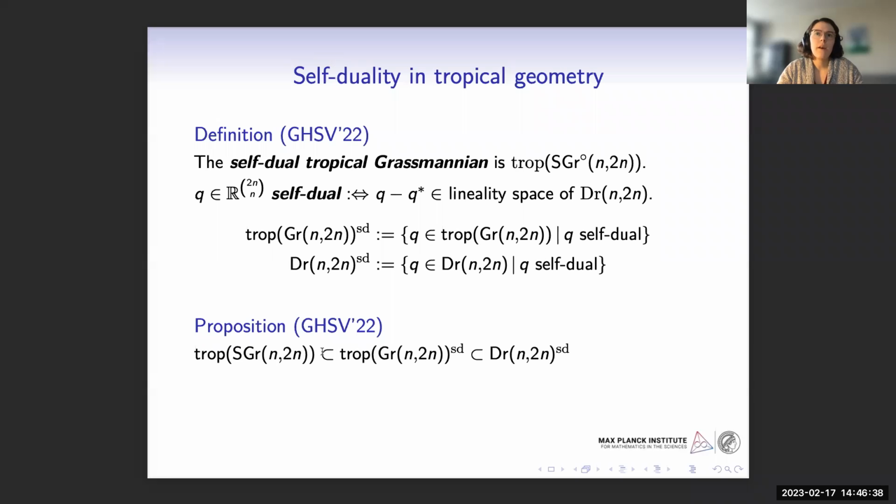Okay, the first containment comes from the fact that tropicalization and intersection do not commute completely, but it keeps one inclusion. And this is the tropicalization of the intersection of the Grassmannian with self-duality, and it's contained in the tropicalization of the Grassmannian intersected with a self-duality condition.